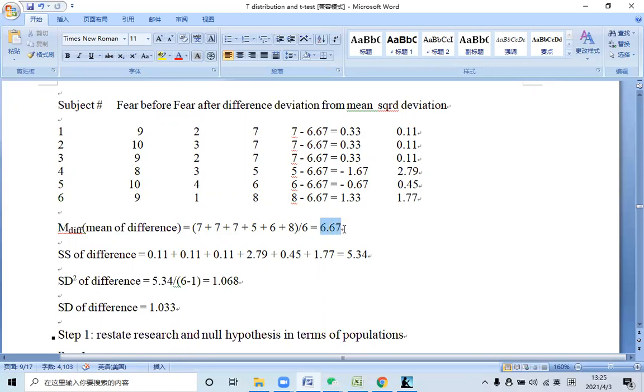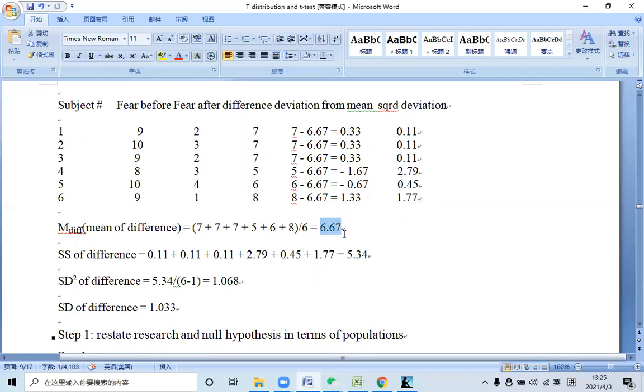The difference from pre-test to post-test is the statistic we are using. We are using this statistic to show the therapy works. So we focus on this statistic.